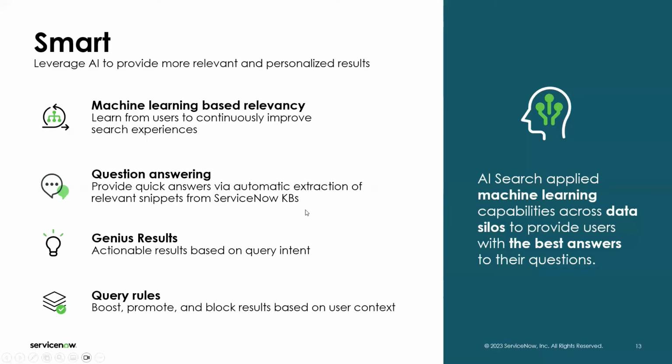We have something called genius result, which can prioritize based on the best relevancy. What is the most useful, actionable search result? We'll see how genius results works in ServiceNow in a few minutes.